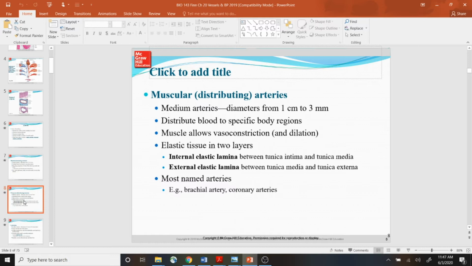Most of your muscular distributing arteries are most of your named arteries. And they tell you where, for example, the brachial artery is distributing blood to the brachial region of your arm. The coronary arteries are distributing blood to the heart. So when you think about muscular distributing arteries, you can see that.